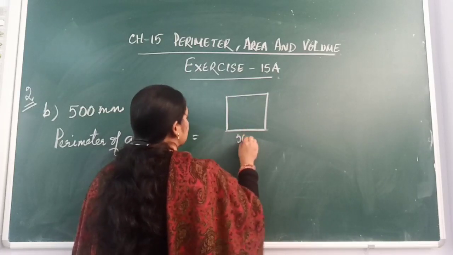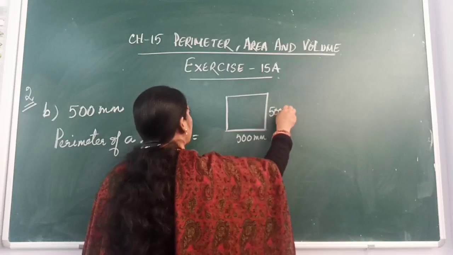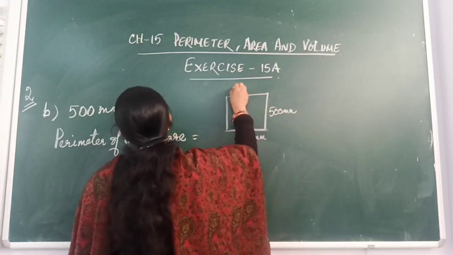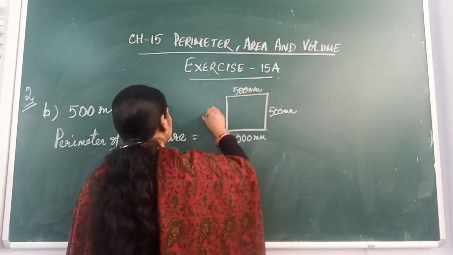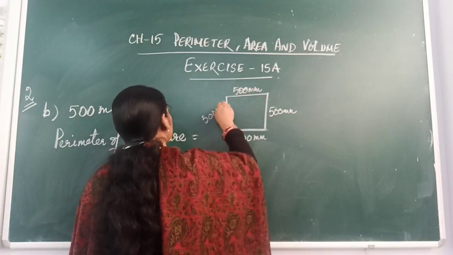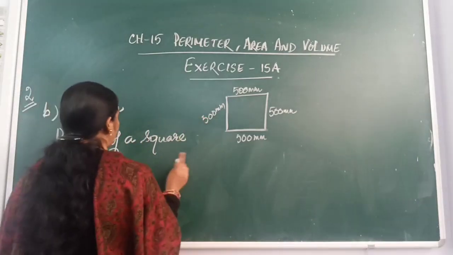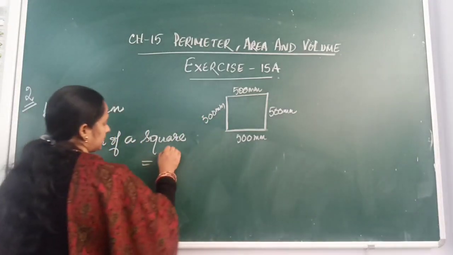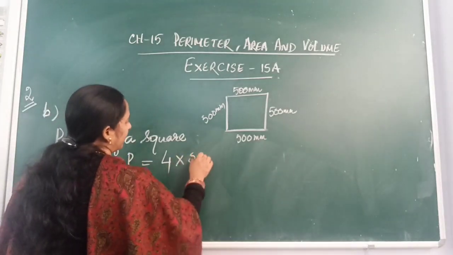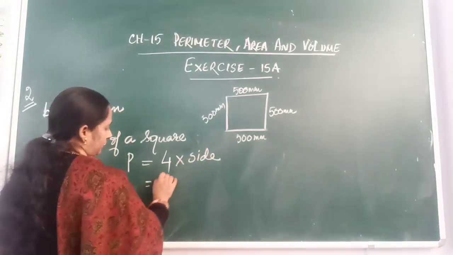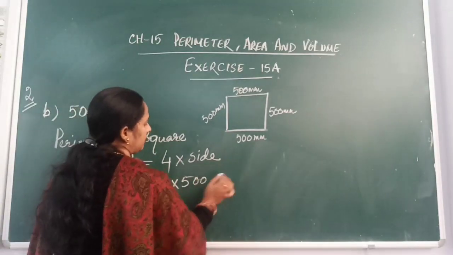So if this length is 500 millimeter, then this also will be 500 millimeter, and here also 500 millimeter, and here too 500 millimeter. Now what is the formula for perimeter of a square? P is equal to 4 multiplied by side. That is equal to 4 multiplied by 500 millimeters.